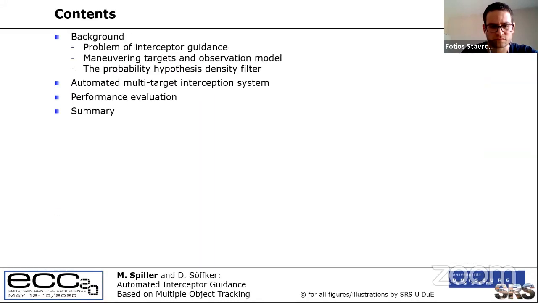First, I will introduce the problem of interceptor guidance. Then models for the moving behavior of the targets and the measurements will be discussed. After this, I will explain the mathematical background of the probability hypothesis density filter. And after this, I will introduce the proposed multiple target interception system, and last, the performance will be evaluated.